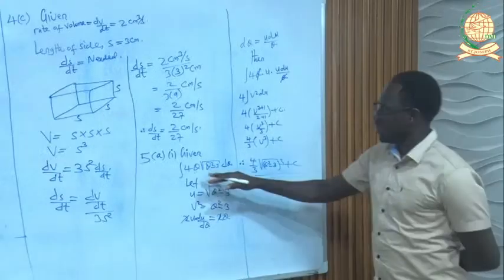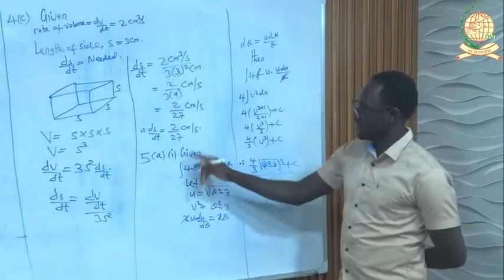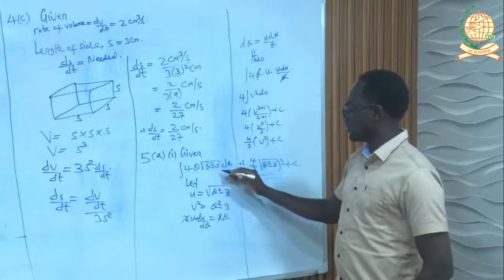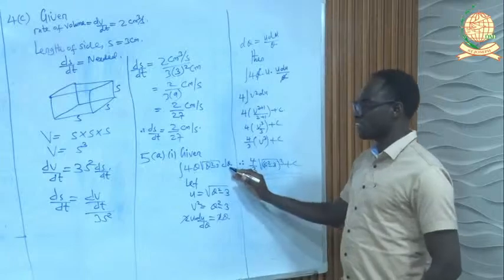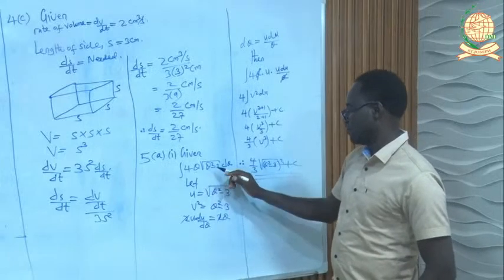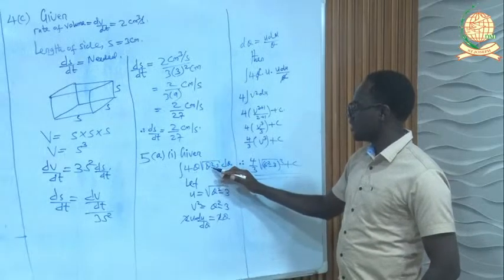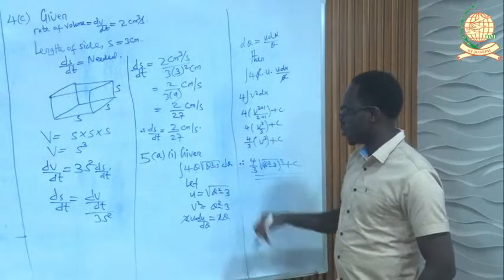Yeah, so if you have a question like this, integrate 4θ times the square root of θ squared minus 3 dθ, first check this function's variable, θ. Here we have θ. Inside the radical sign we have θ squared.